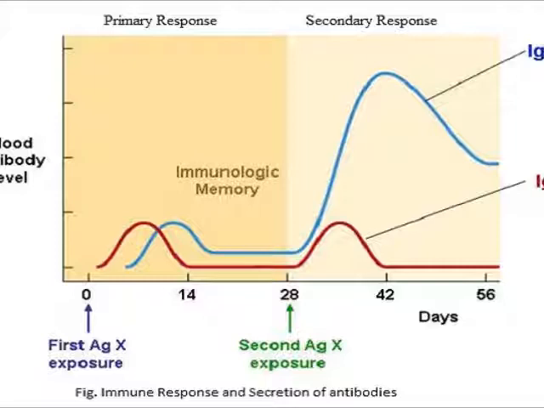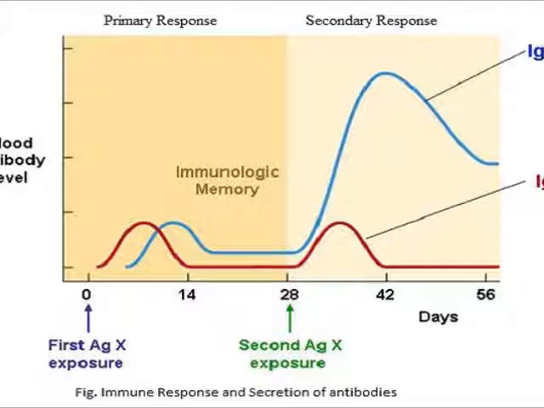Finally, we have the relationship to the thymus. Both thymus-dependent and thymus-independent antigens give rise to the primary immune response. However, the secondary immune response is only mediated by thymus-dependent antigens. And so those are ultimately the differences between the primary and secondary immune response.